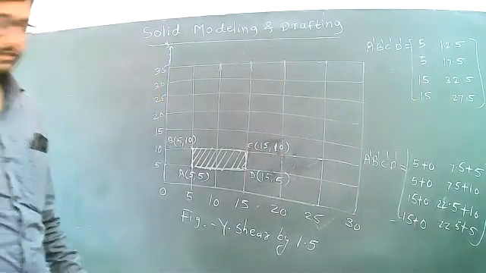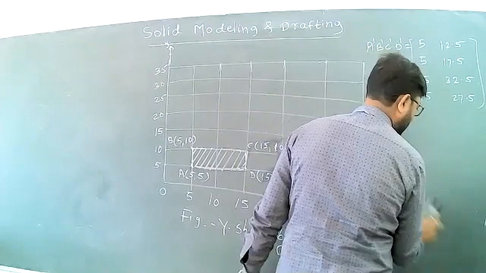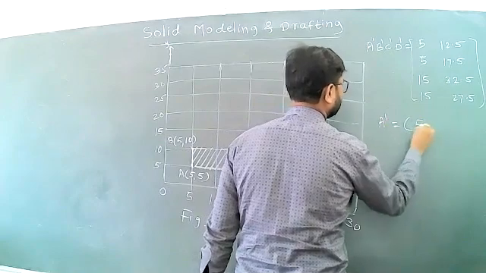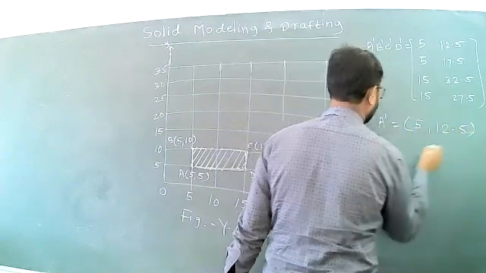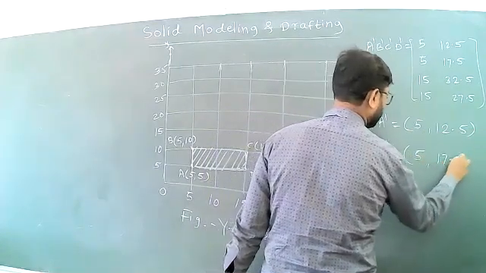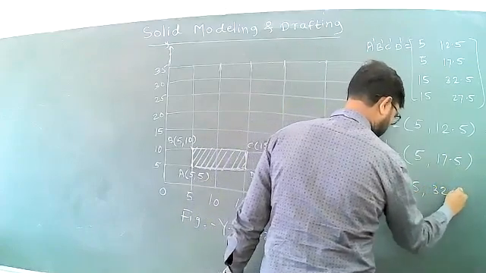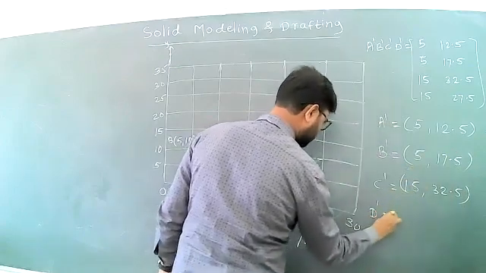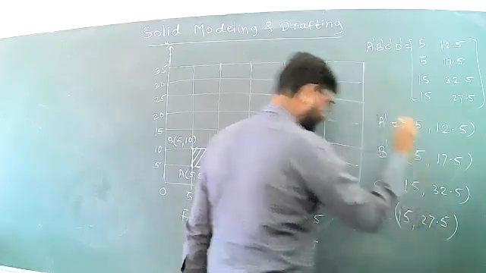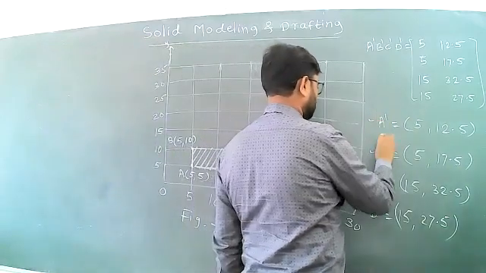And finally, the new coordinates for the transformed rectangle are A dash is 5, 12.5; B dash 5, 17.5; C dash 15, 32.5; and D dash 15, 27.5.